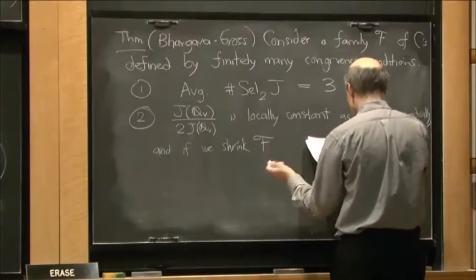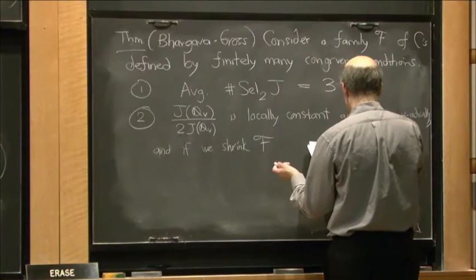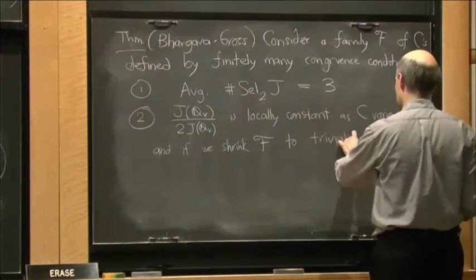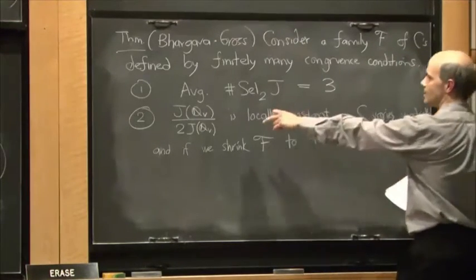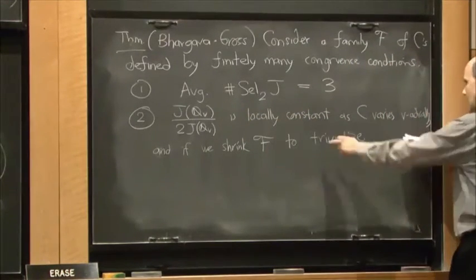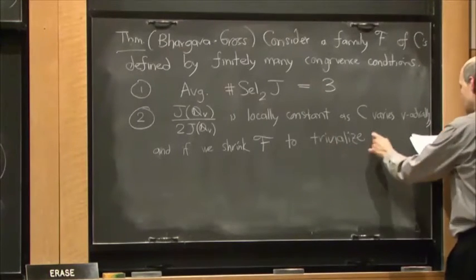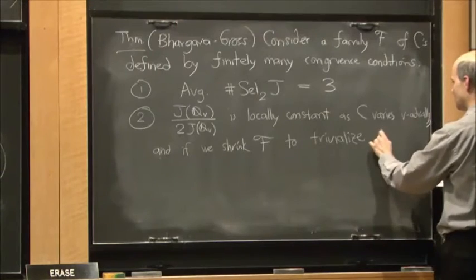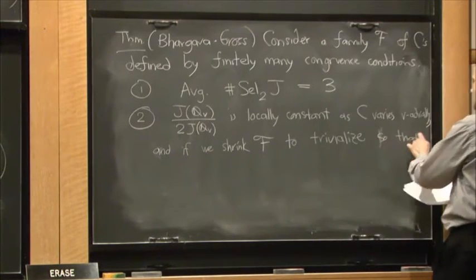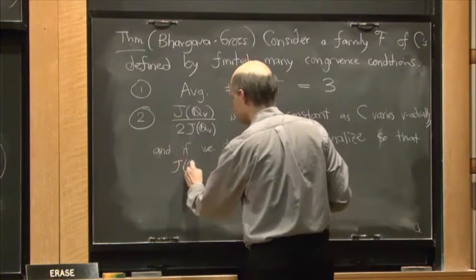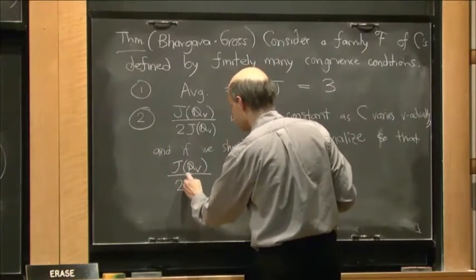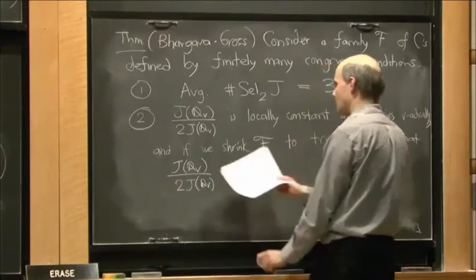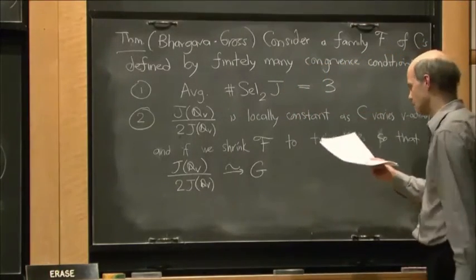So if we shrink F to trivialize this bundle, to make these groups really constant in that subfamily, then all these groups are just isomorphic to a particular constant group, and there's a fixed isomorphism that works locally.